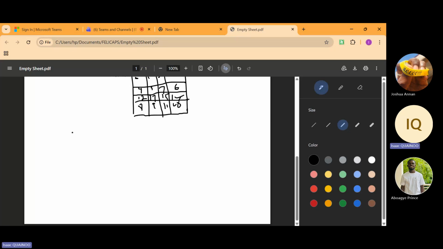So we have our A, and then our A contains 2 digits, which is a combination of A0 and then A1. And then we have our B, which also contains 2 digits. We have our B0 and then B1.